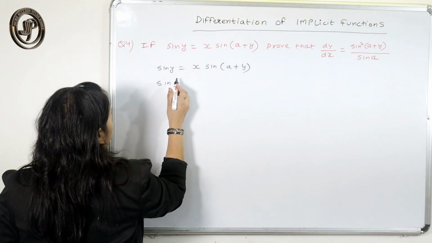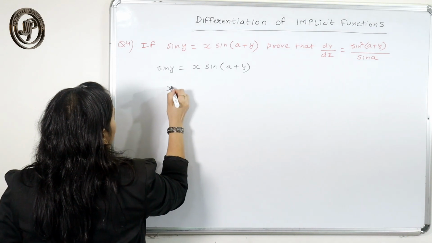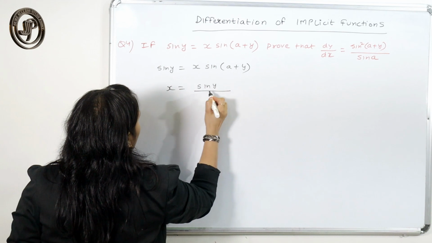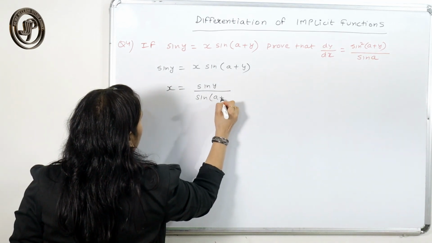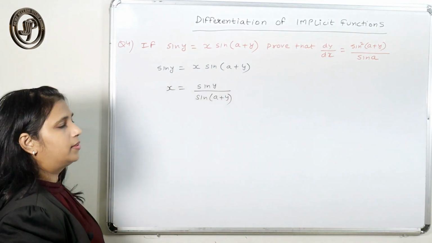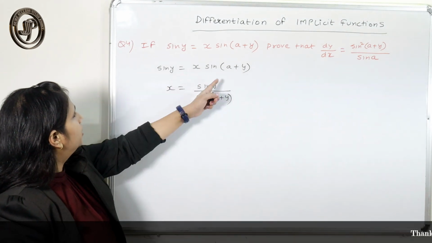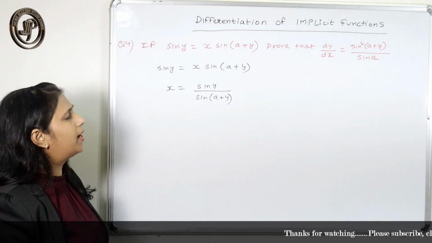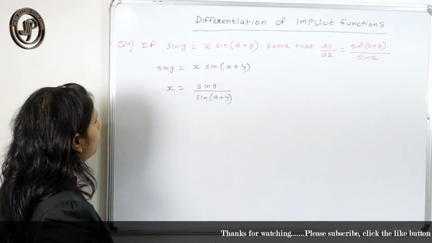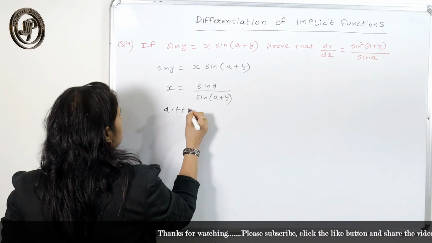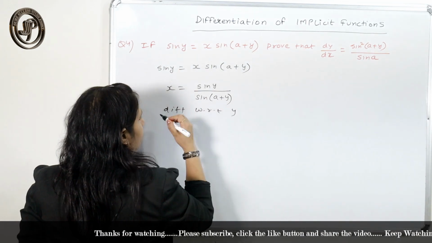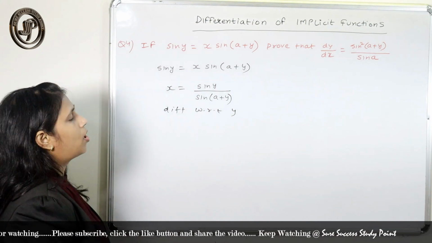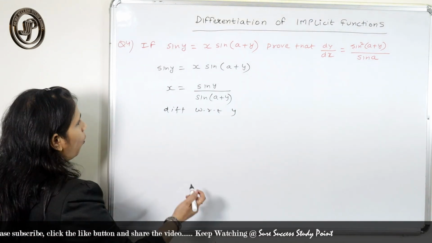I write it as x equals sine y upon sine (a plus y). Now I am going to differentiate this with respect to y, because here both the functions are separated, x and y. So I am going to differentiate with respect to y.